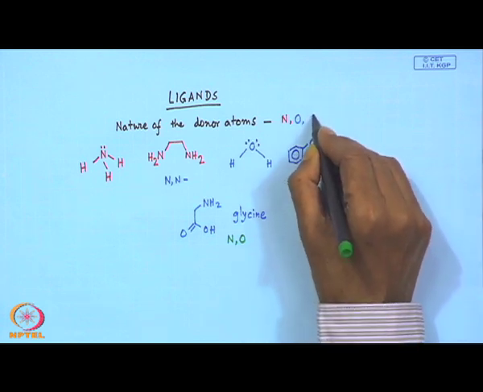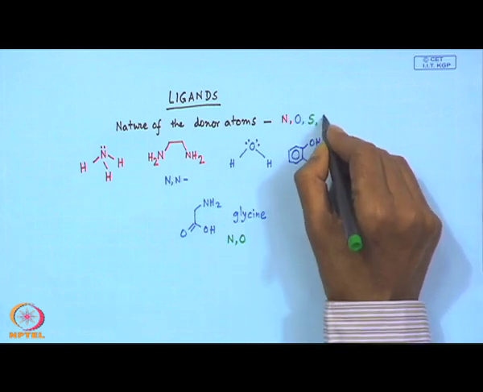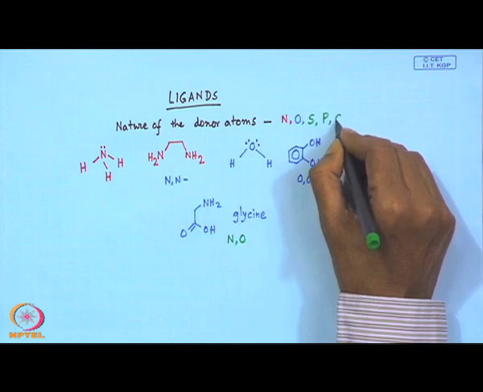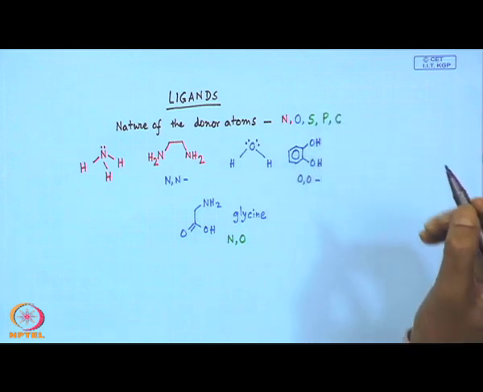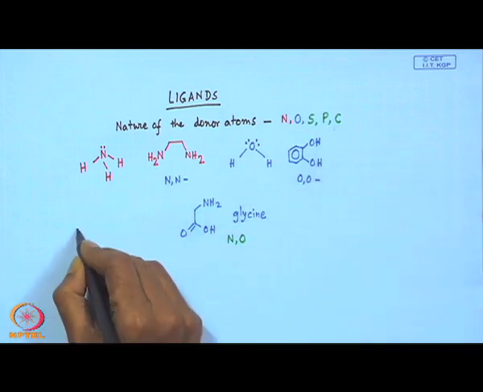Then we can have the sulfur donor, the phosphorus donor and also the carbon donor. When we have the carbon donor ligand present, we can have the corresponding metal carbon bond.